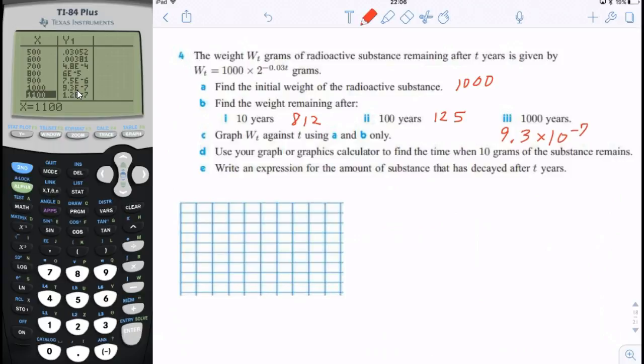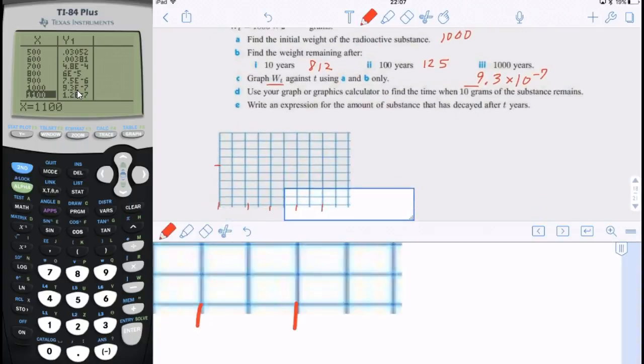So now we're going to graph this quantity against t using the information from A and B. First we're going to mark 1,000 here. So the first point is 0, 1,000. The last point is going to be after 1,000 years, so that's pretty much going to be 0.